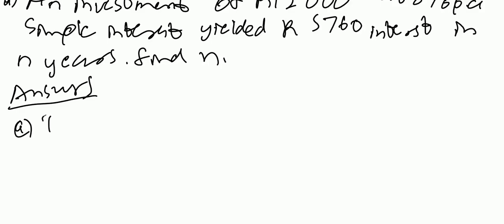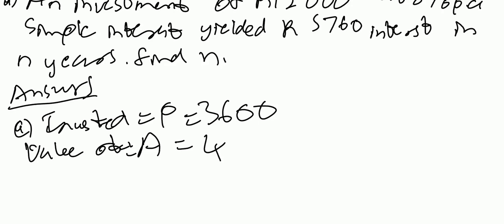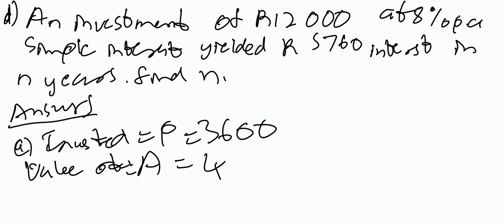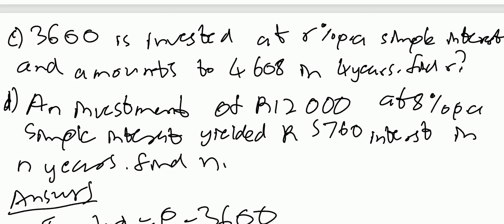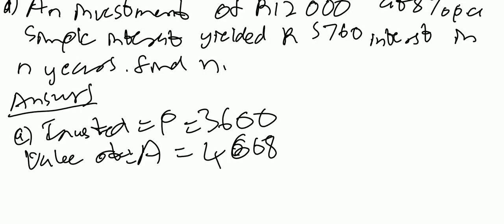We have invested 3,600, which is our P. The value at the end of the period, which is our A, is 4,608. They said it amounts to 4,608, meaning that is the value of our investment at the end of a period of 4 years, which is our N.